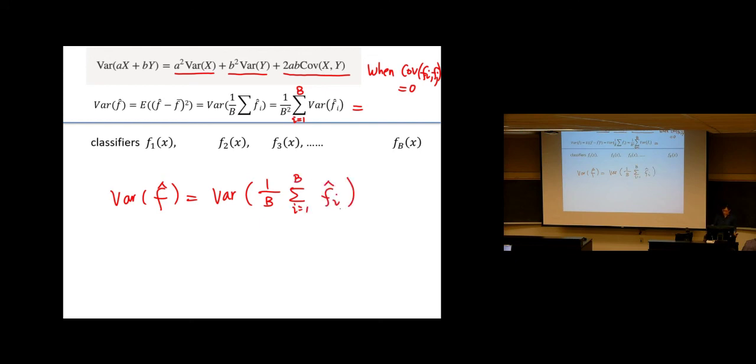And if the covariance of Fi and Fj is 0 for all i and j, I can get that the above is 1 over B squared, summation of the variance of each.